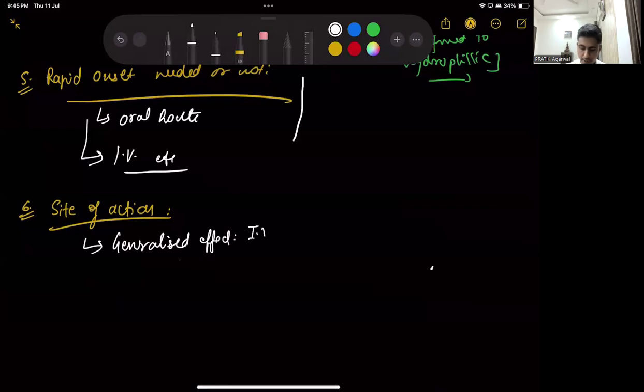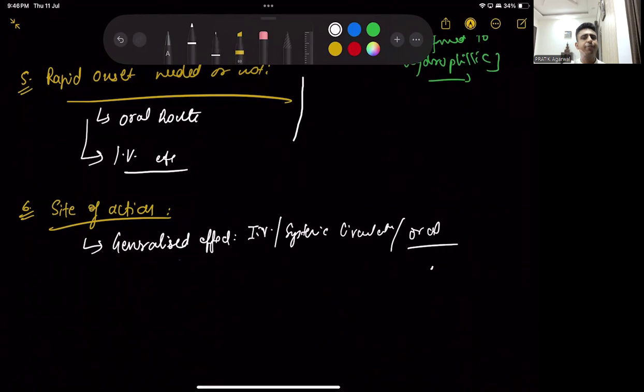If we give it IV, it will go all over the body because of systemic circulation. Another is oral, because at the end, the oral route also goes into your bloodstream, providing drug effects all over the body. It's just that we may need more oral dosage as compared to IV because of bioavailability, right?